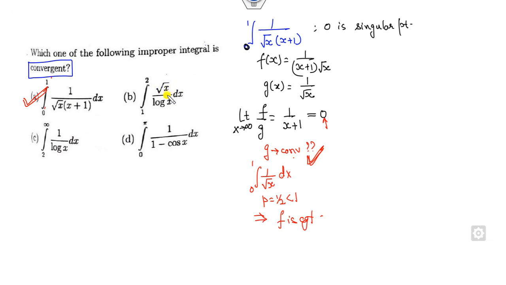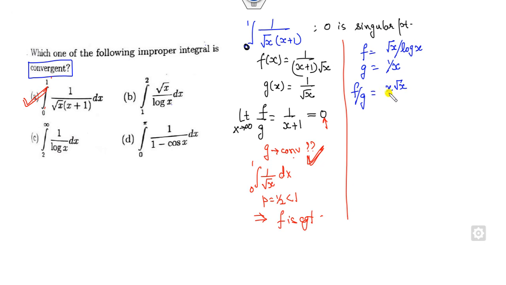Look at this one. Root x, what is that? It's 1. 1 is the point of discontinuity. Clearly 1 is the point of discontinuity. Fine. So if I take x divided by log x, and simply g I can take as x. So what is f over g? If I divide them, it is x root x over log x. So what is that?